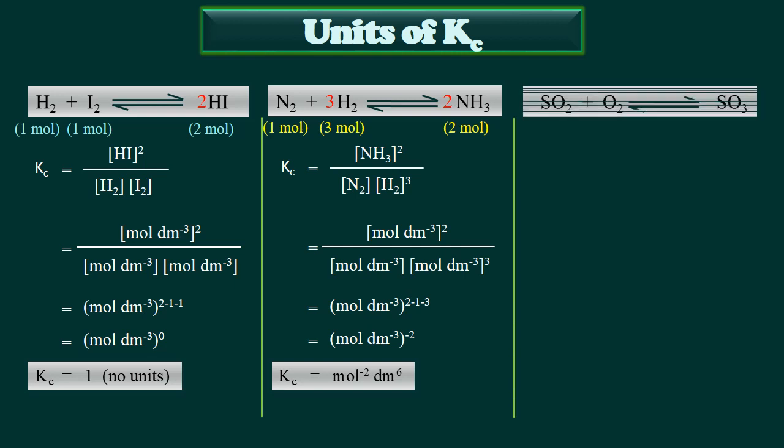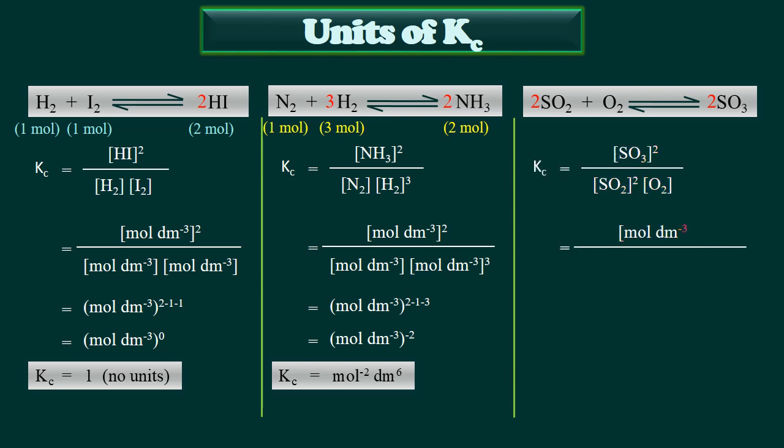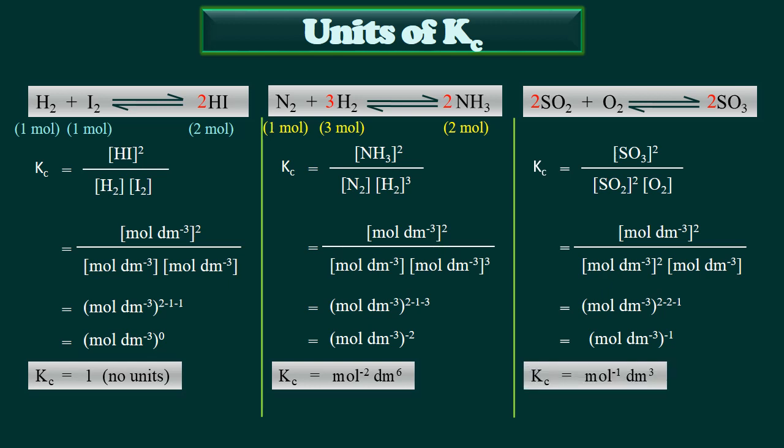Next we have reaction between sulfur dioxide and oxygen gases to produce sulfur trioxide. To balance it, multiply both SO3 and SO2 by 2 and then writing the expression for Kc in terms of mole per dm cube, simplifying to get mole per dm cube raised to the power minus 1. Finally, the unit of Kc is mole raised to the power minus 1 dm cube.